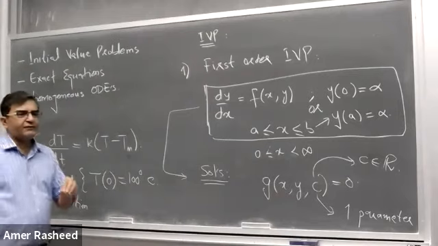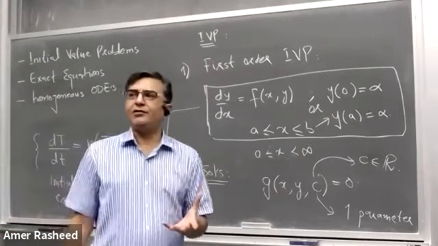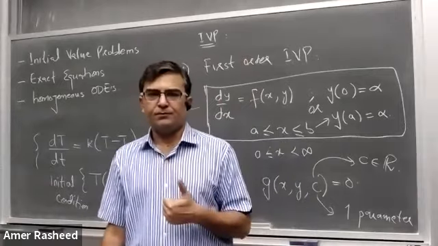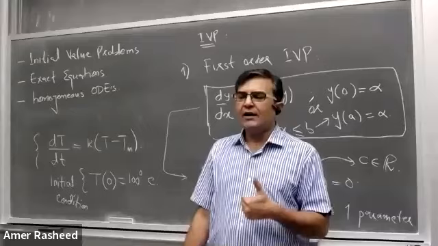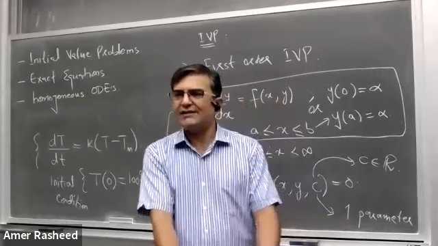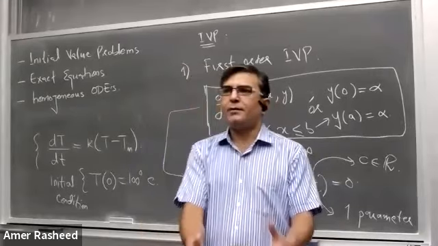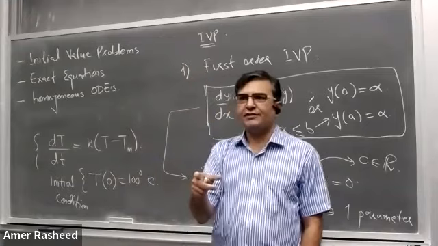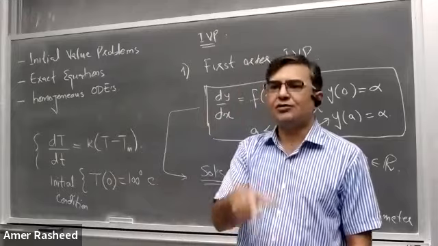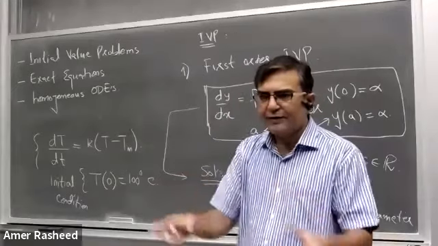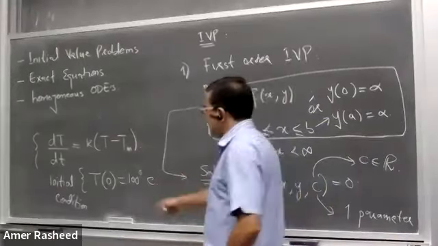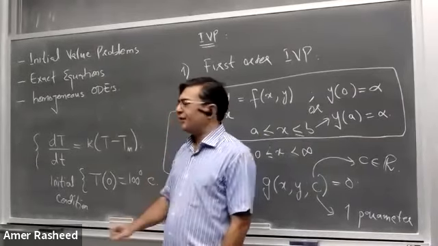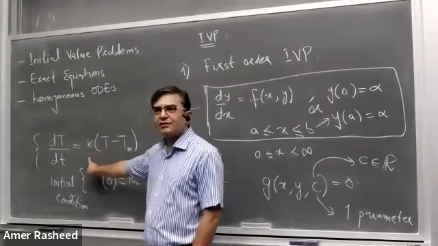In the presence of that constant, we'll have infinite many solutions. We don't need infinite many solutions. We need only one solution that suits our situation, our practical problem. So in order to find that unknown constant, which suits our environment, this initial condition helps us find that unknown parameter in the solution of this differential equation.